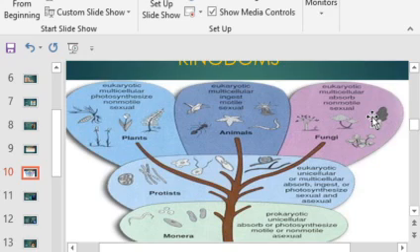The animal kingdom organisms are actually mobile, while the fungi and the plant kingdom organisms, they are not mobile. So they have really distinctive features that help us to identify them, which is what classification is definitely about.